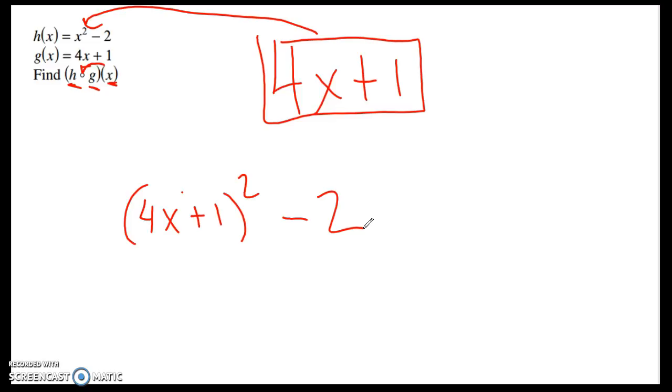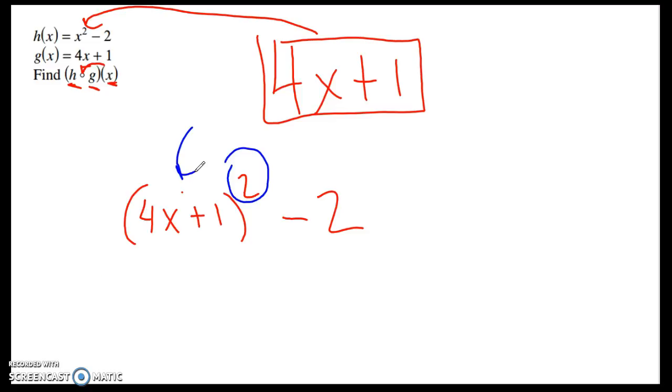Now, this is a good answer, except for the fact that it's just not simplified. Because we can actually solve it a little bit more because we can get rid of the squared. Now what you want to think about is what a squared means. It means it times this by itself.